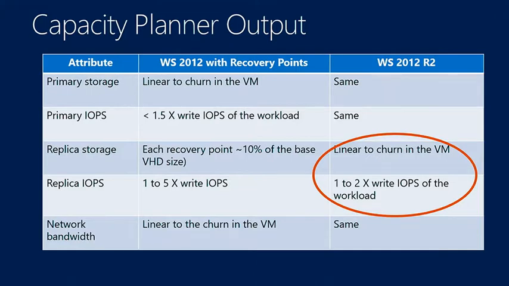So what's happening here is your virtual machine's running, we're logging the I/O, we're sending that over the network. Now if you don't have recovery points enabled, we're sending that over the network, we're playing that data into the virtual hard drive on the destination side, and then we're throwing the log away.